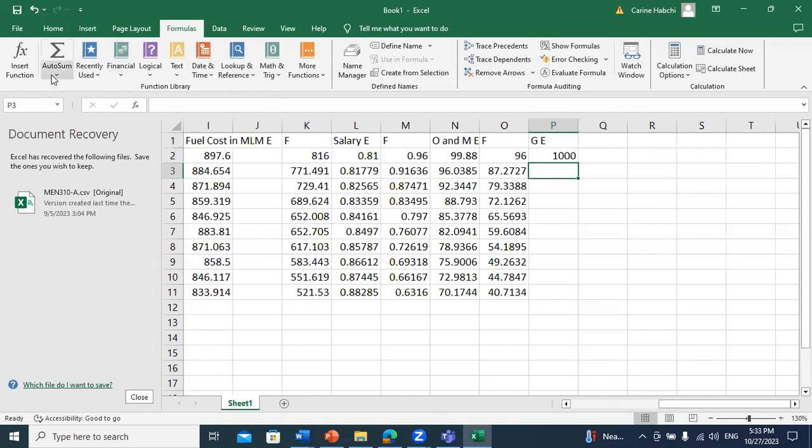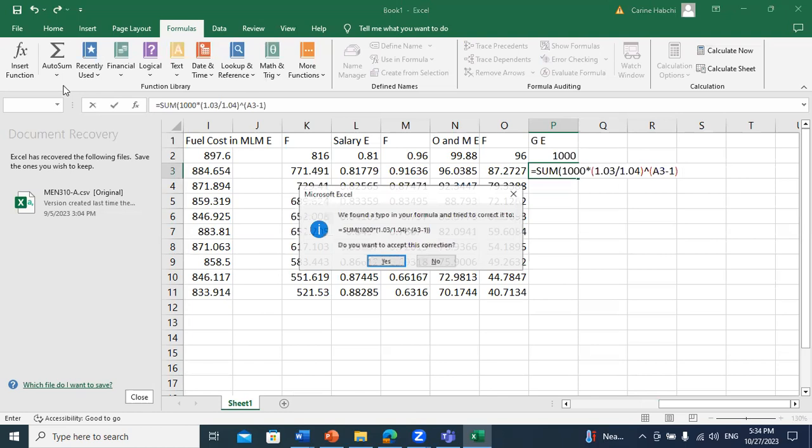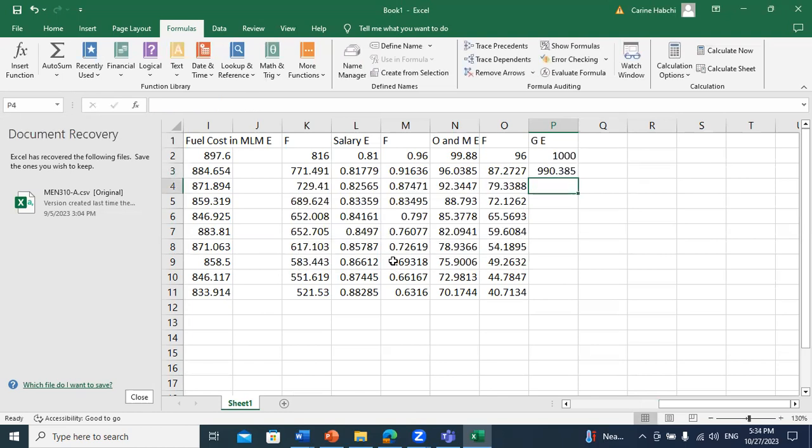Then we should consider the increase of 3% for each year, and the reduction due to discount rate to get the net present value. So we should do 1,000 times 1.03, which is for each year the percentage of increase, over the discount rate, which is 1.04, to the power of year minus 1. So we can get then the value for year 2, and then we use the same formula for the remaining years.